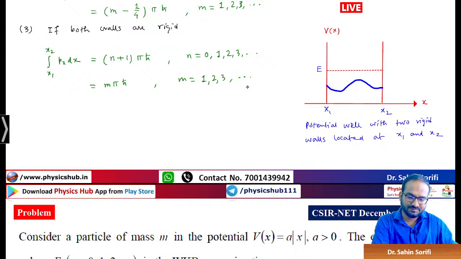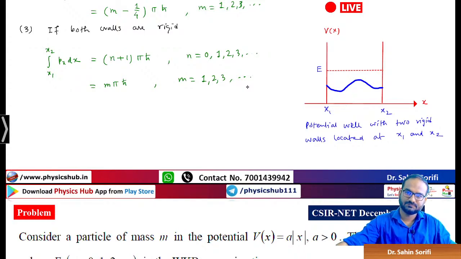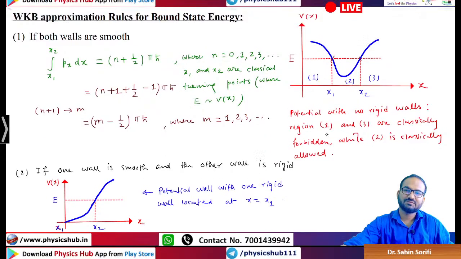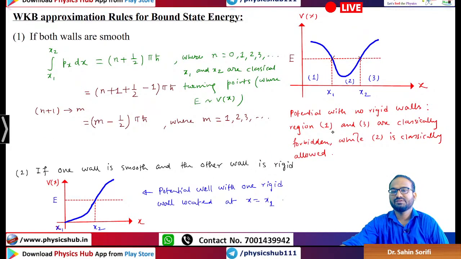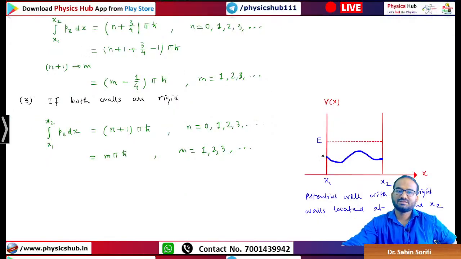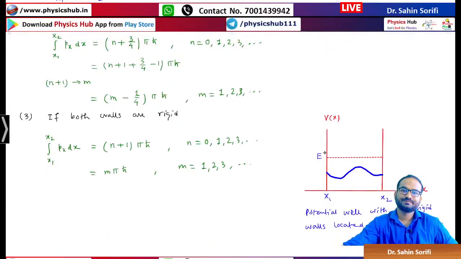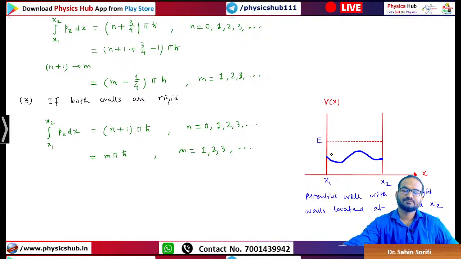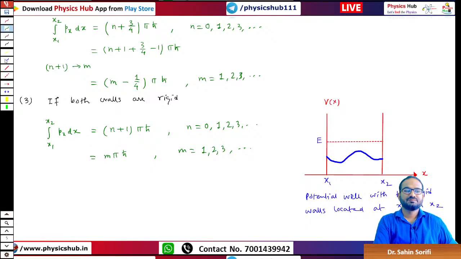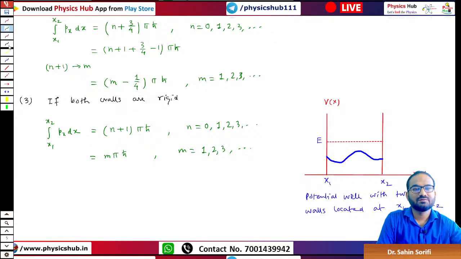Is everything clear? So you have to identify the nature of the potential, whether both walls are smooth, whether one wall is smooth, or whether another wall is smooth. And regarding this p x, you know how to calculate p x.